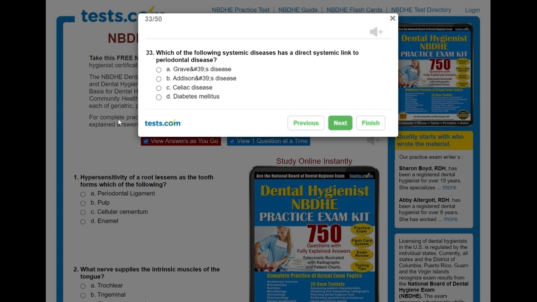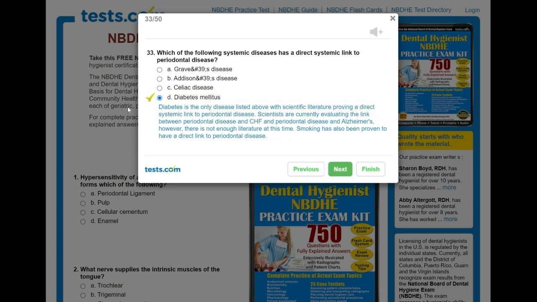Question 33. Which of the following systemic diseases has a direct systemic link to periodontal disease? A. Graves' disease. B. Addison's disease. C. Celiac disease. D. Diabetes mellitus. D. Diabetes mellitus.